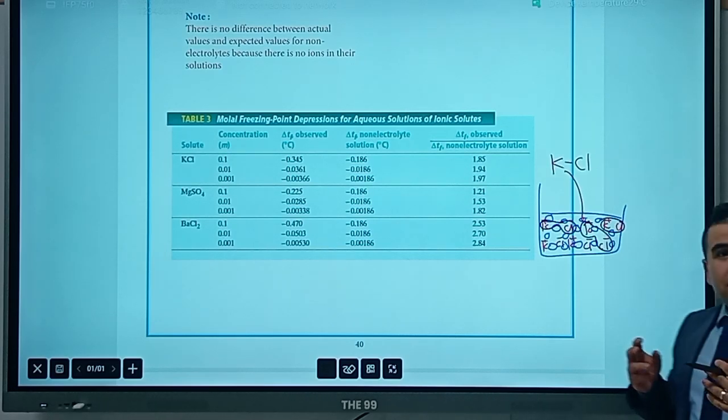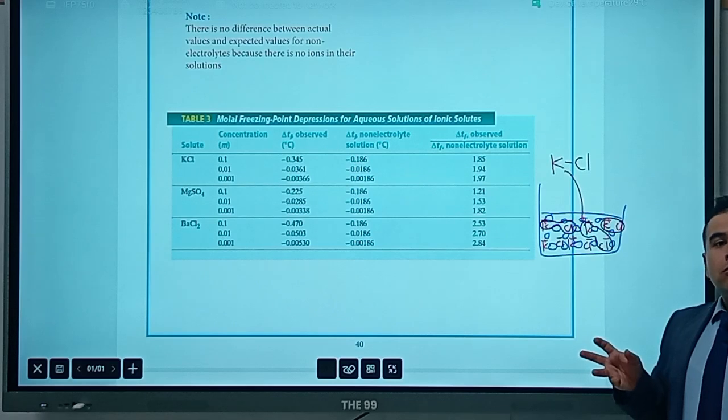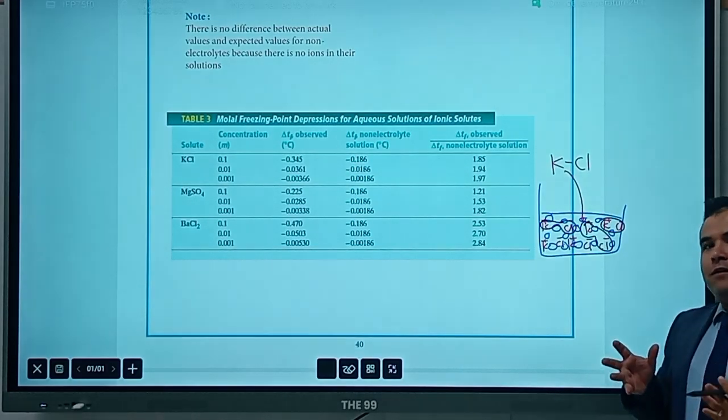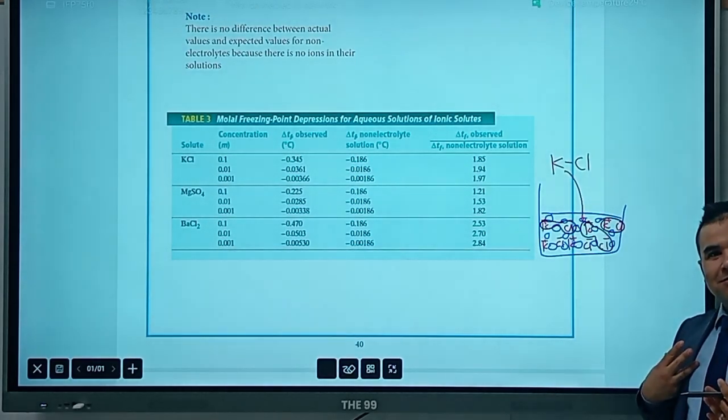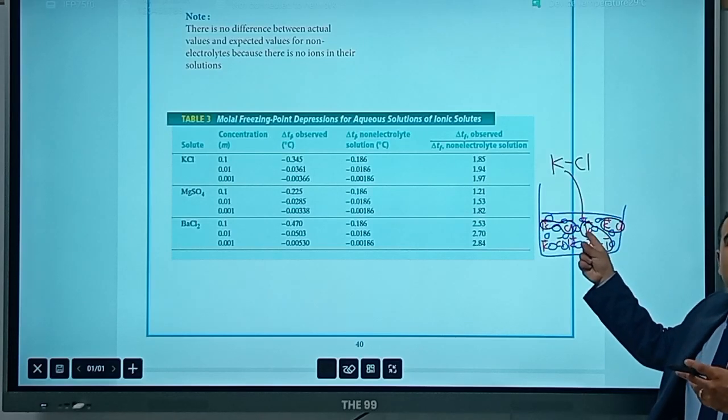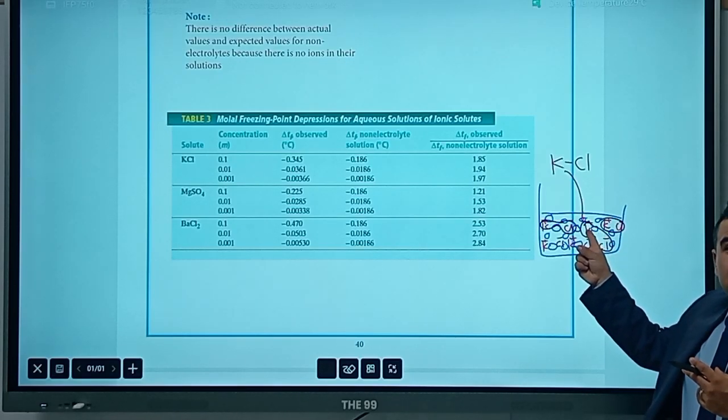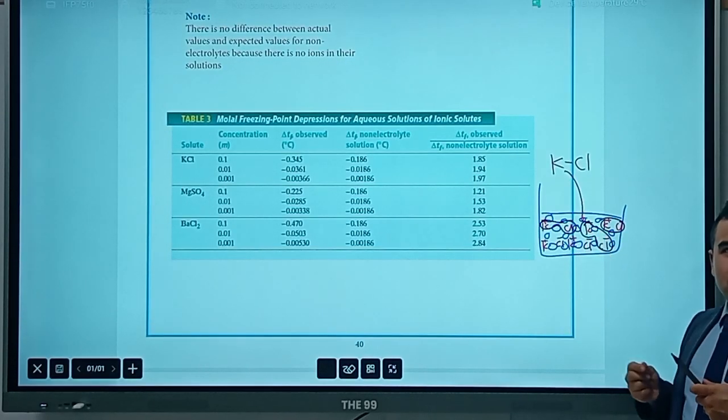At that time, the actual value will be different from what we expected, because in the expected calculations, theoretically, we did not consider this attraction.